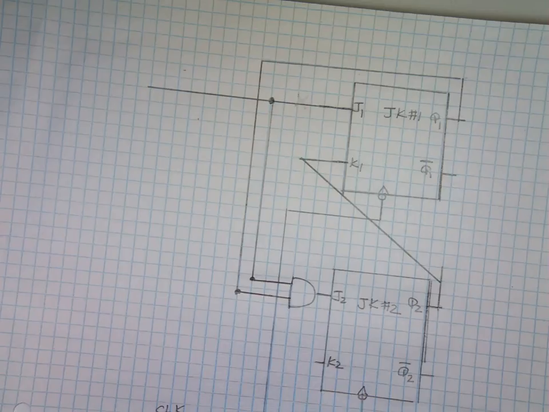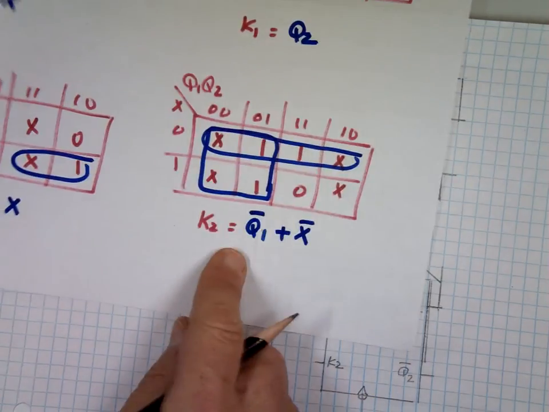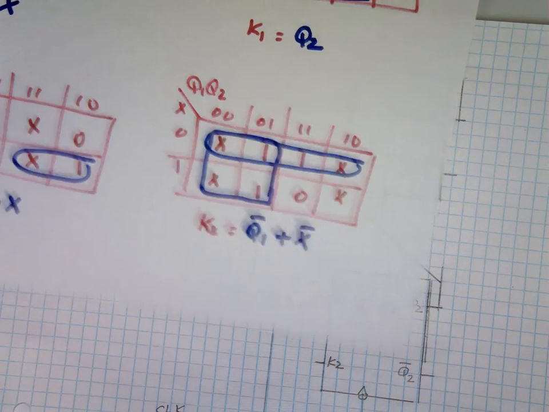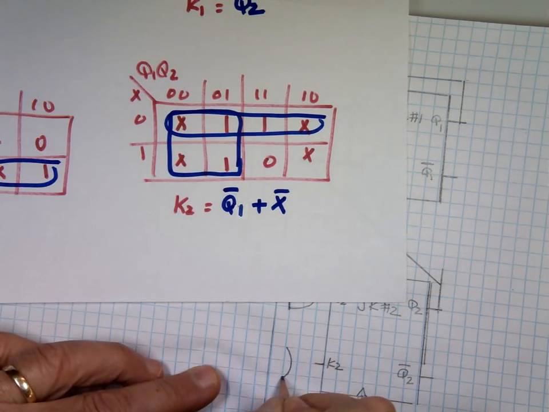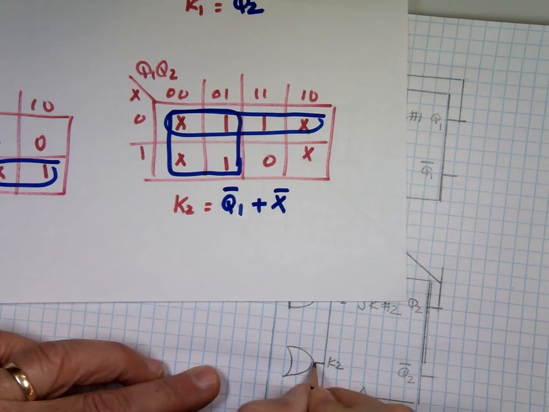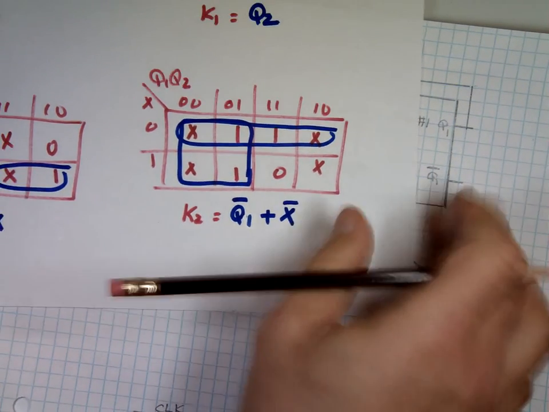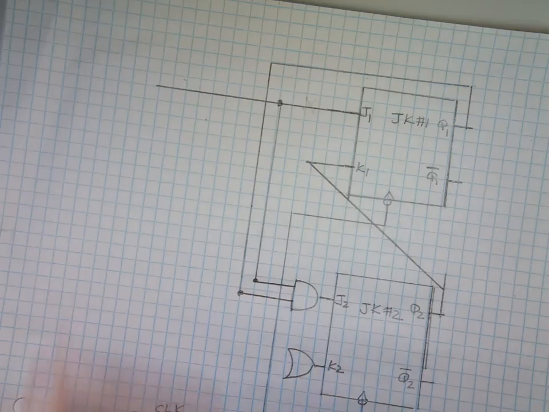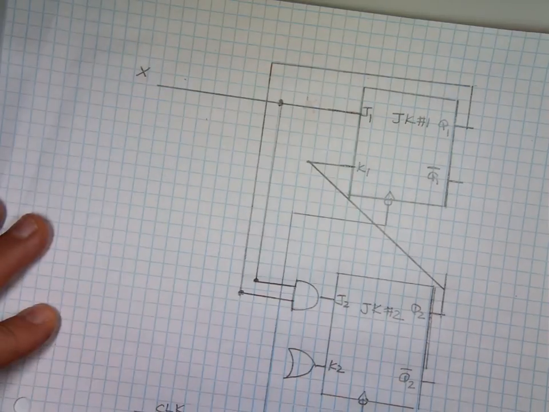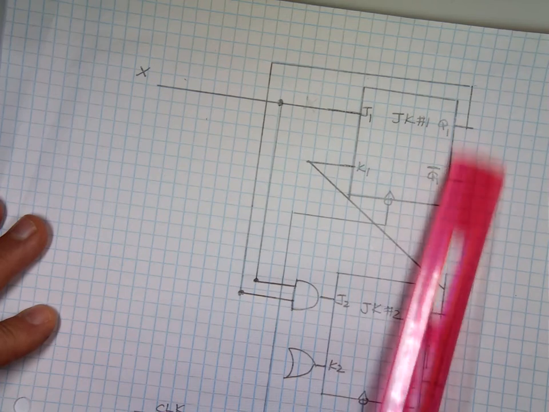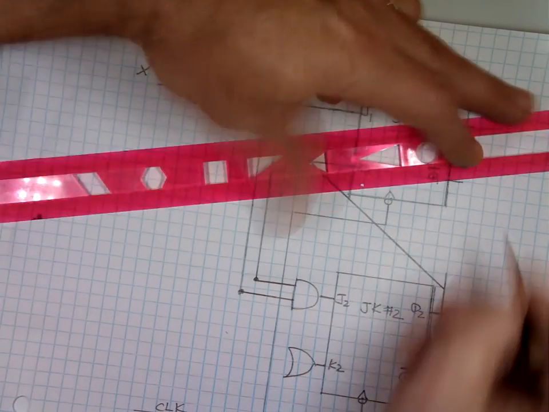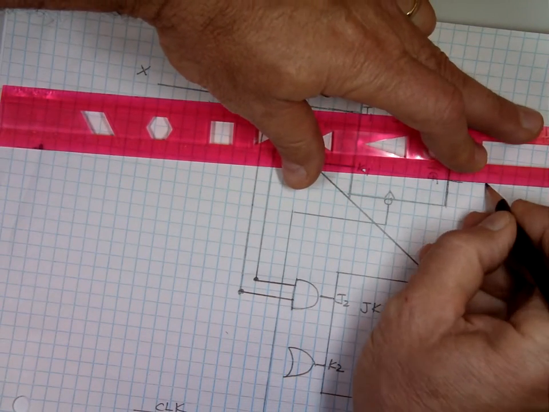What's K2? Q1 naught and X naught. It's an OR gate. Q1 naught and X naught. This is X. Q1 naught, that's this guy right here. So I gotta run another wire all the way around.